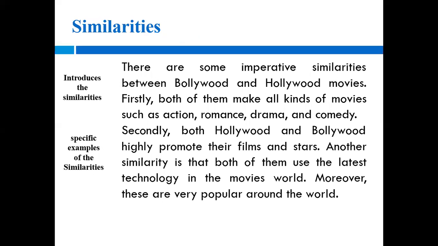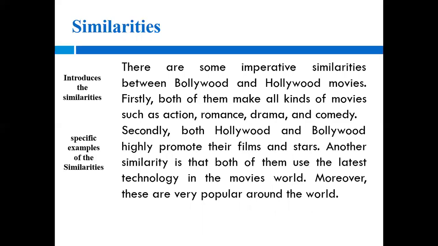Now, introduce the similarities. There are some imperative similarities between Bollywood and Hollywood movies. Firstly, both of them make all kinds of movies such as action, romance, drama, and comedy. Secondly, both Hollywood and Bollywood movies highly promote their films and stars. Another similarity is that both of them use the latest technology in the movie world, and moreover, they are very popular around the world.